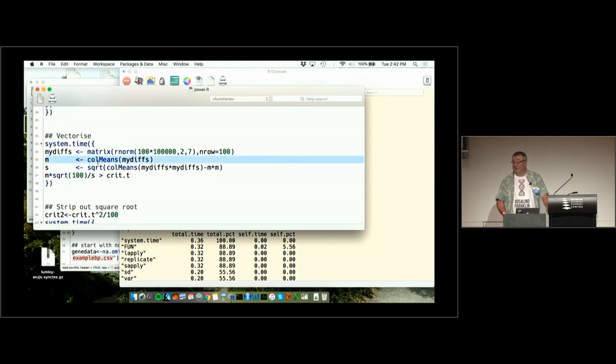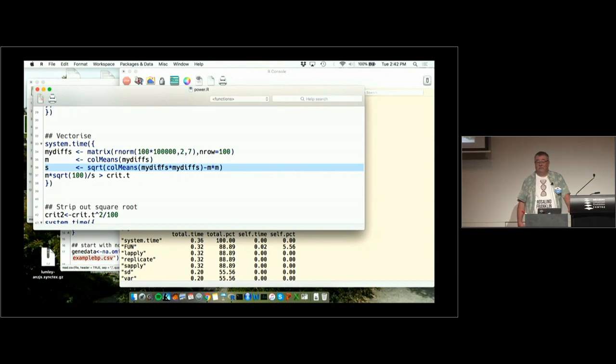The mean, one of the basic parts of the t statistic, is the column means of that matrix. We also need the standard deviations, and there's probably a package that does efficient column standard deviations, but in this case, we do reasonably well just by saying that the variance is the mean of the square minus the square of the mean, and then square root that.